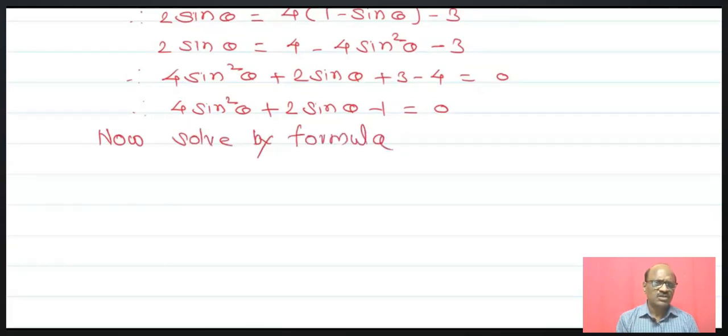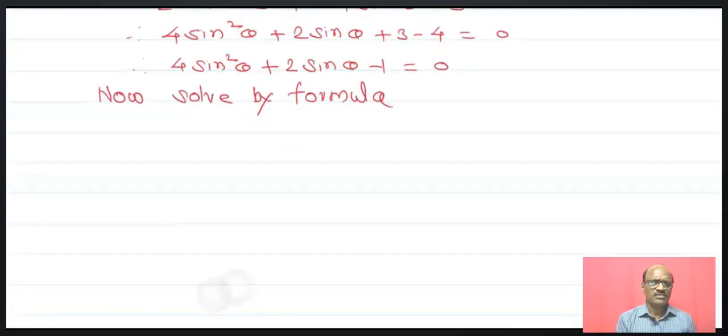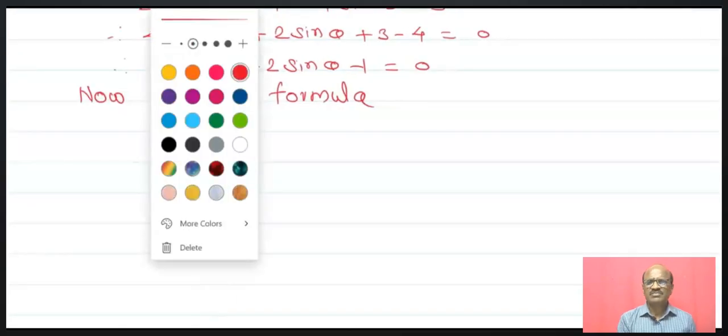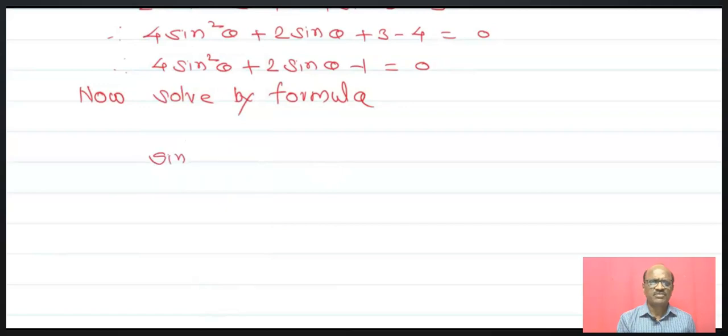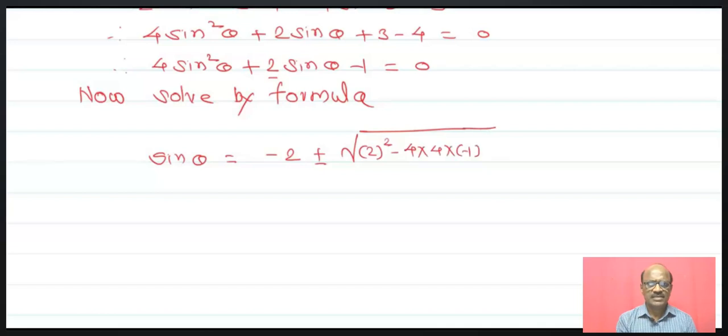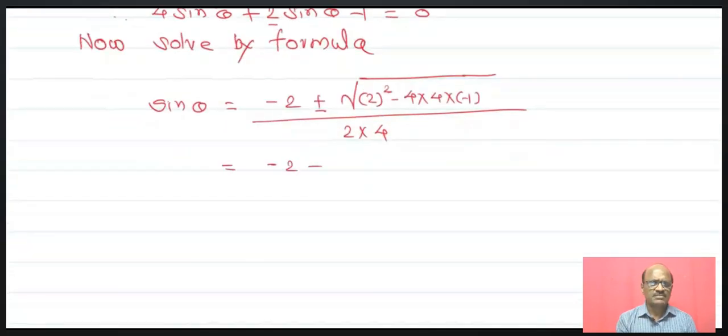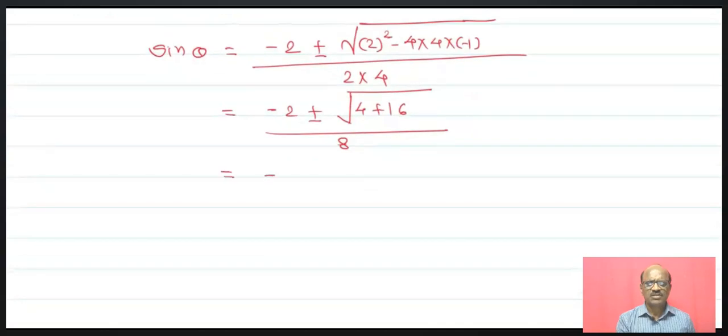Now solve by using the formula. We cannot solve this type of quadratic equation by factorization. Therefore, we apply the formula, minus b plus or minus root of b square minus 4ac upon 2 times a. Here b is 2, so minus 2 plus or minus root of b square minus 4ac.